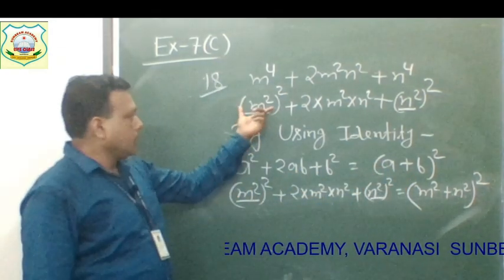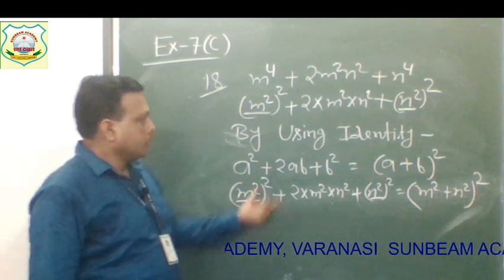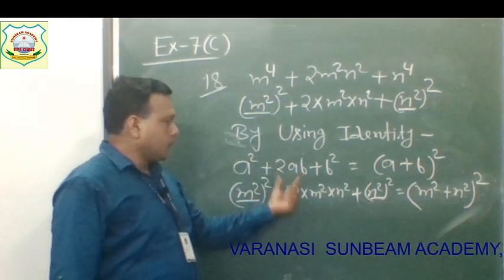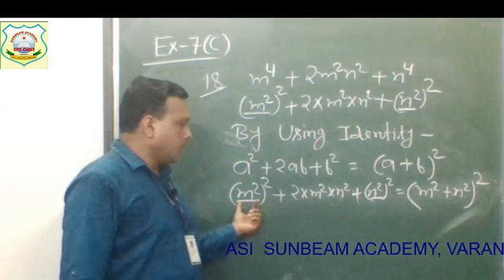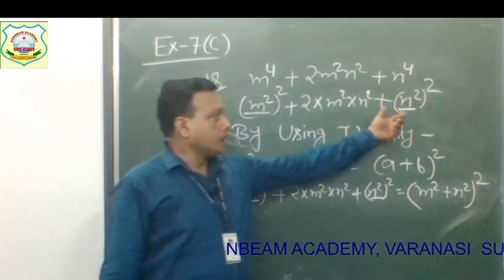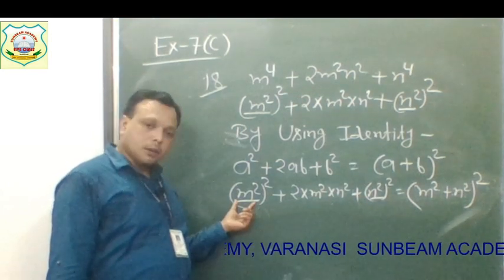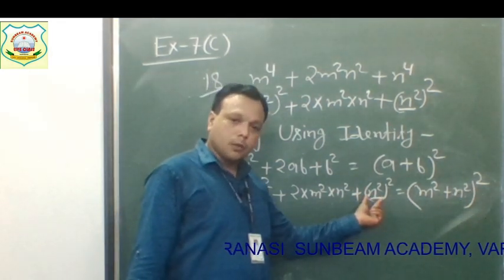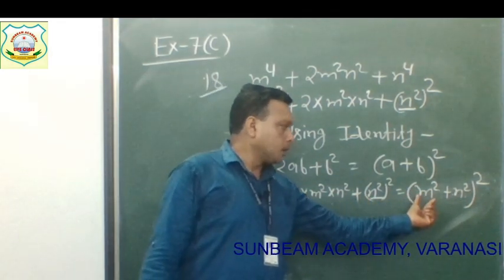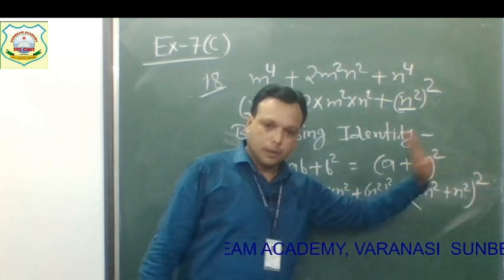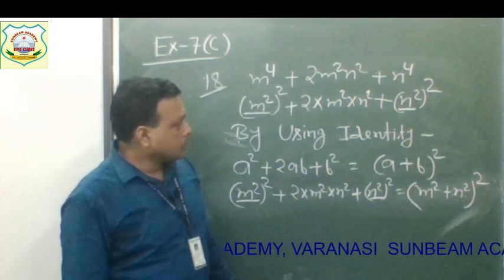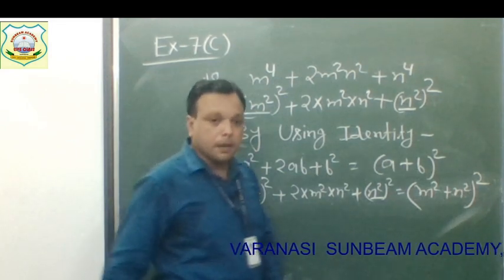So a square is m square, that is square, plus 2ab, 2 multiply m square and n square, plus (n square) whole square, that is b square. So a value is m square and b value is n square. So what can we write? (m square plus n square) whole square. Clear, students? So now note down this question number 18.